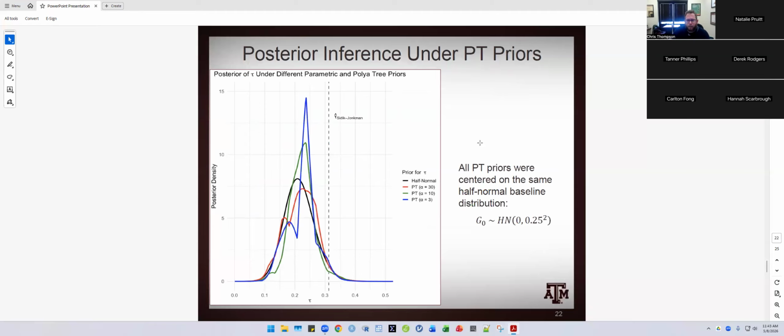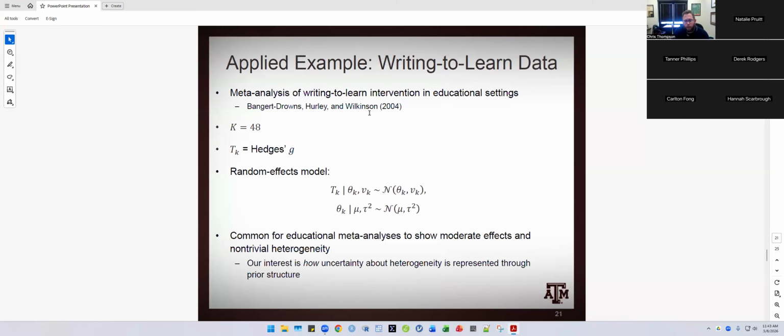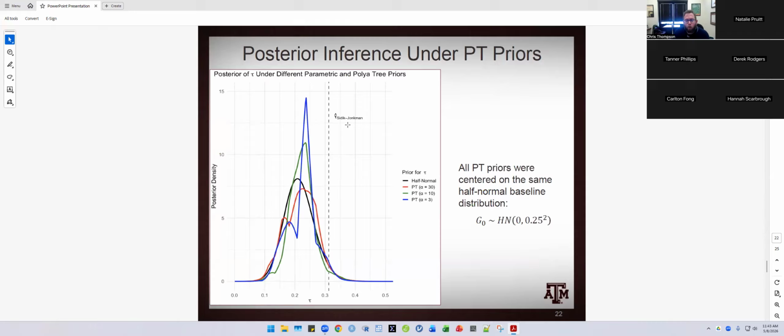Here in this example, I just wanted to show you with actual data. This comes from a data set in the metafor package that you all maybe have used in the past. 48 effects, Hedges' g, and so forth. Here, the point estimate of tau, I'd have to look back, but it's like 0.31.